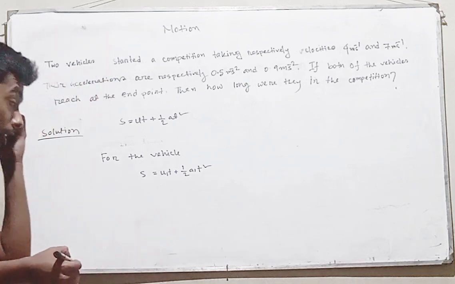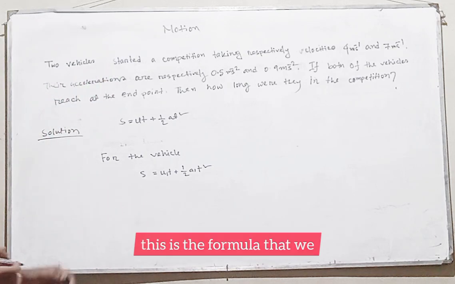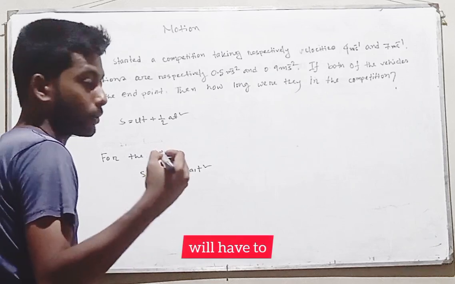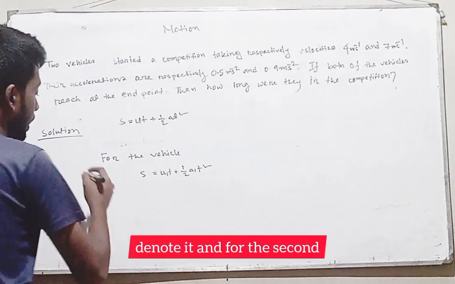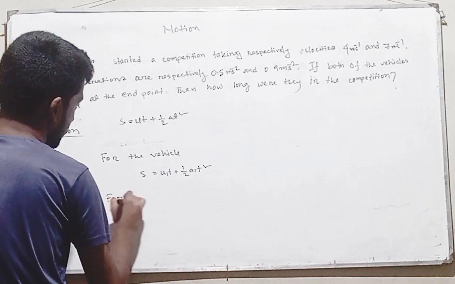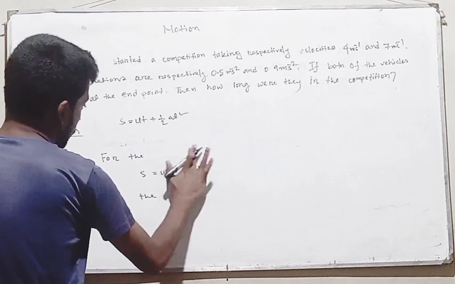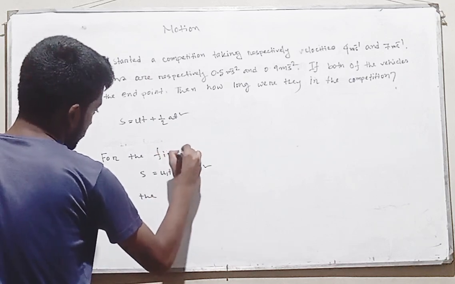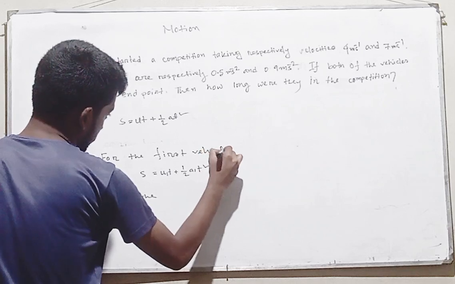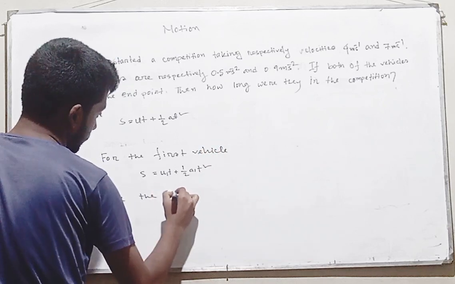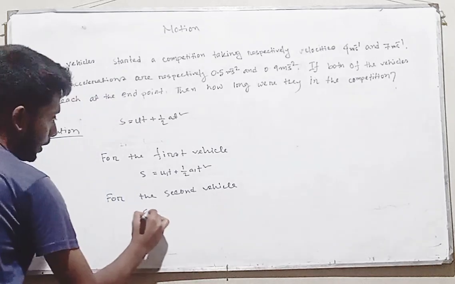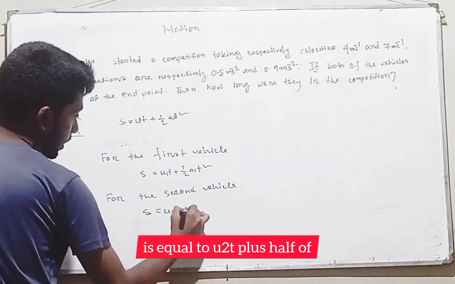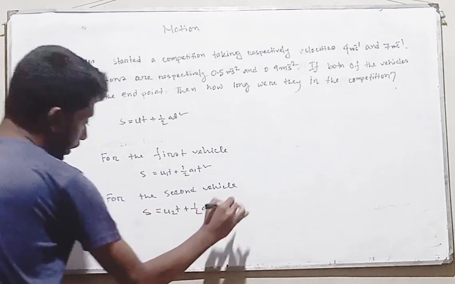This is the formula that we'll have to denote. And for the second vehicle, h is equal to u2t plus half of a2t squared.